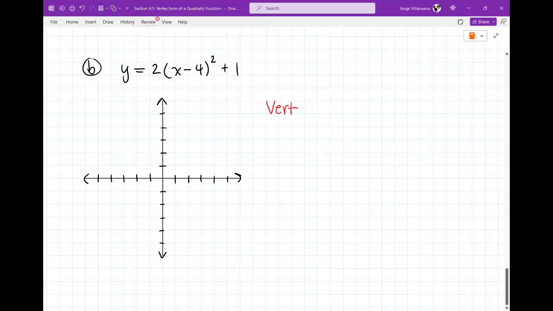So remember, the 3 questions I want to ask myself are, what is the vertex? Which way does it open? And what is the slope? So what's my vertex? 4, 1. I'm going to put a dot at 4, 1 right here. Which way does it open? Up. It opens up. What's my slope? 2 over 1.